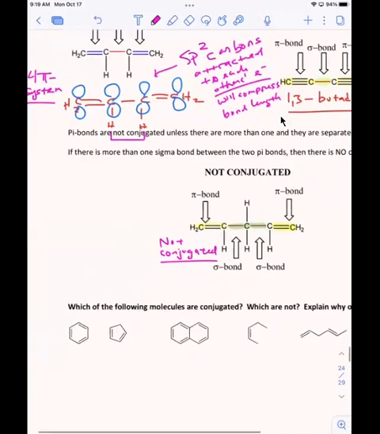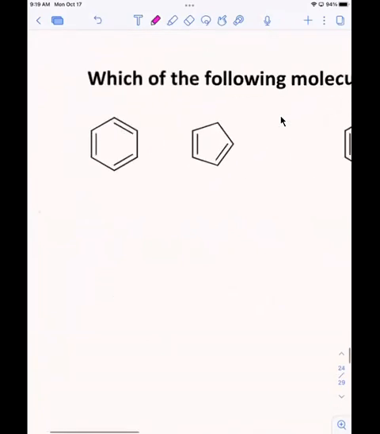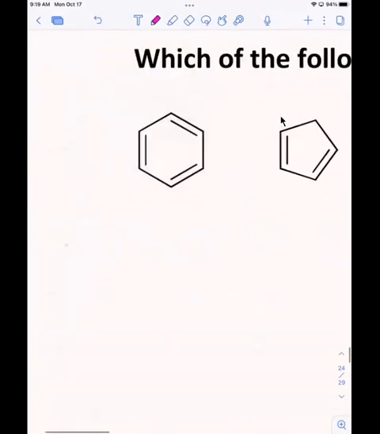So let's look at the examples down here. What about the first example? Do you see the pattern of pi, sigma, pi present here? Yes. All right, so you have, again, pi.